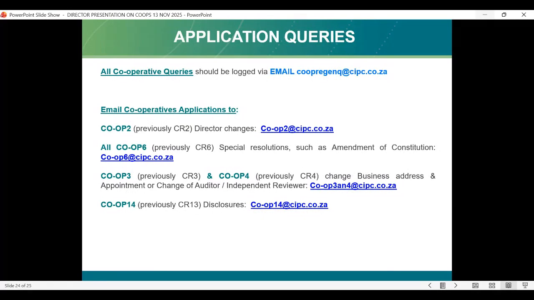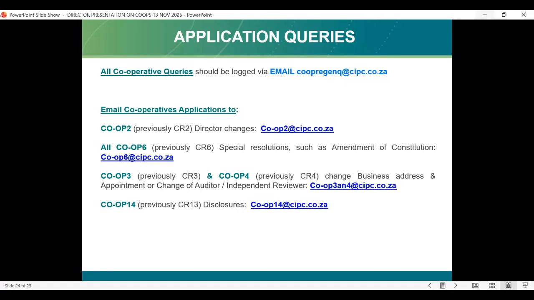And then on this slide, these are the emails. We've actually published these emails. They are available on the CIPC website. You can visit the CIPC website, and at the bottom of the homepage, check emails, click, and then select cooperatives emails. So these are the different emails, depending on the requirement.